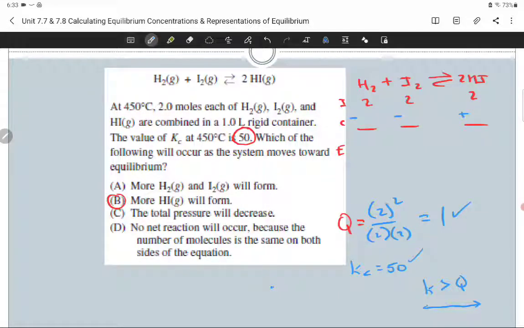If you have a calculation where you're comparing Q and K, and you have the opposite situation, then the reaction proceeds the other way, and instead of what we just wrote down correctly, it would be this in that case. And it can definitely happen.